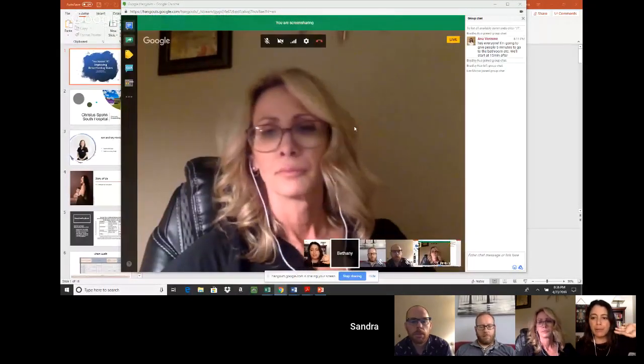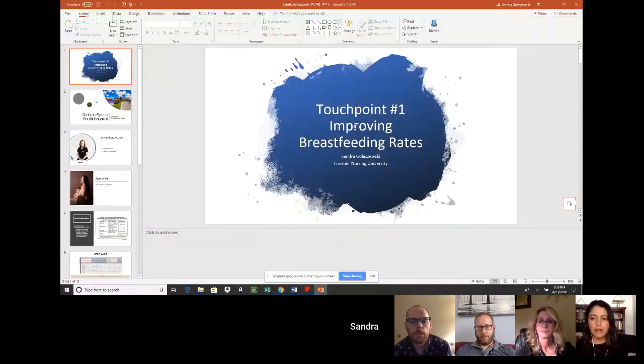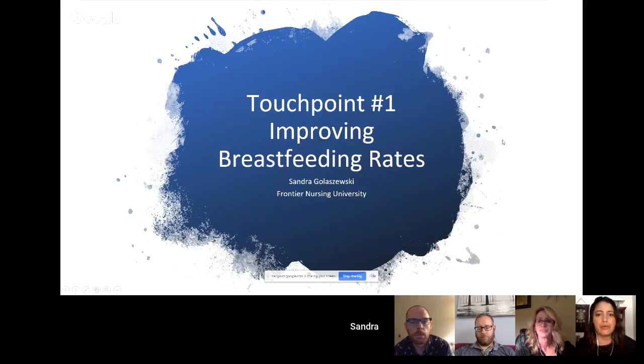And then if you have your touchpoint pulled up or your presentation pulled up, then you can select share application window. And then it'll just pull up the actual application versus, yeah. So then you want to do slideshow. You want to select the slideshow. Yeah, beautiful. That looks great. Okay, so whenever you're ready, go ahead and start.